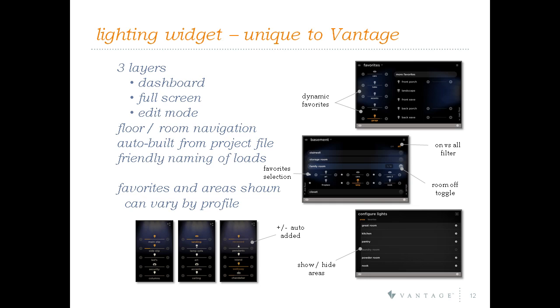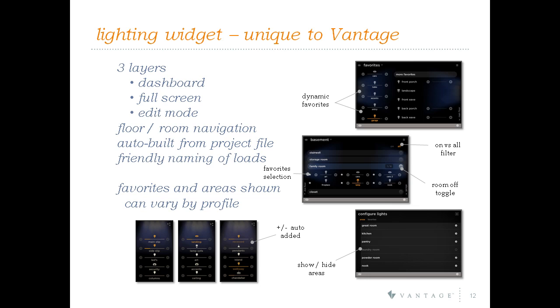Another note here, did you know that you can exclude loads from going down to the lighting widget? So loads like motors or unused loads, etc., can be excluded from going down entirely to the lighting widget. This is done in Design Center.